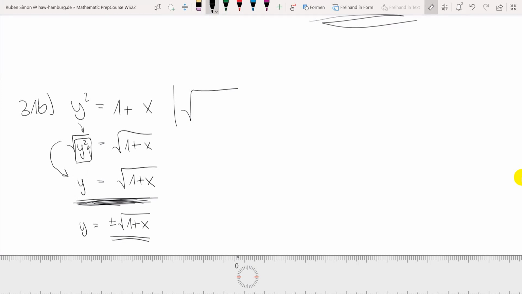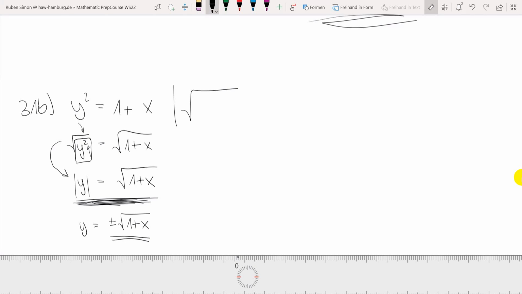The square root is pulled out of this term, which is definitely positive, but we don't know if y was positive or negative before the squaring. We have to add the modulus operation in order to make this clear. So y could either have been a positive number before the squaring, or a negative number before the squaring.